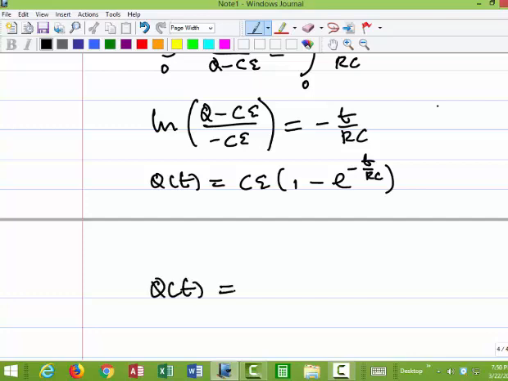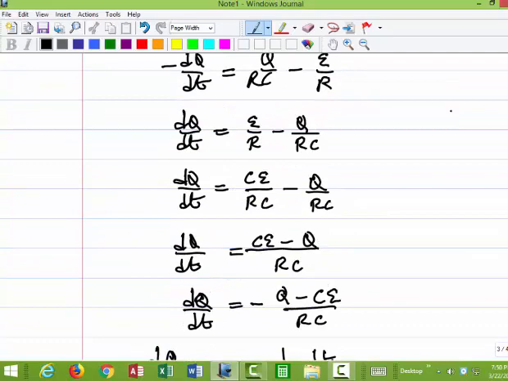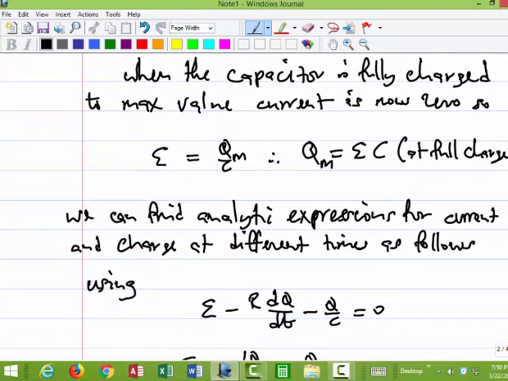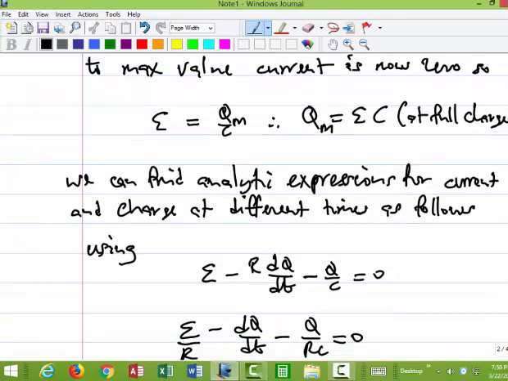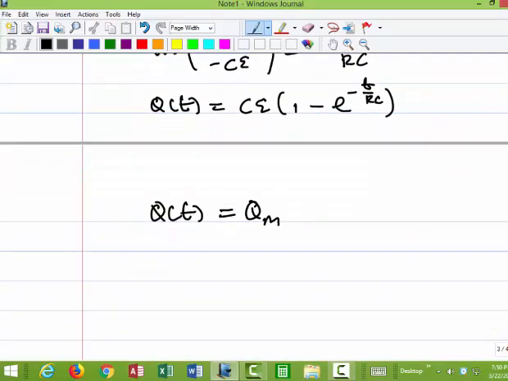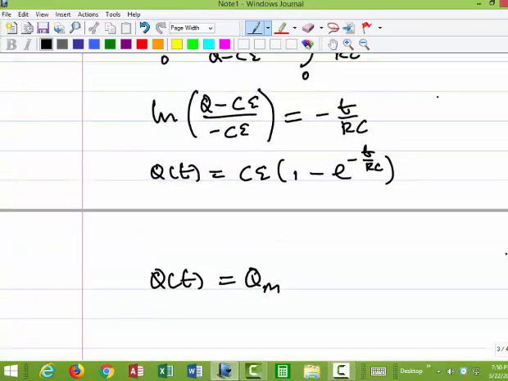So Q of T is equal to QM, because CE is equal to QM. Remember, we found CE here at the point when it's fully charged. QM is equal to EC or CE at full charge. So I can put that down here, QM, and then we have 1 minus e raised to the power minus T over RC.